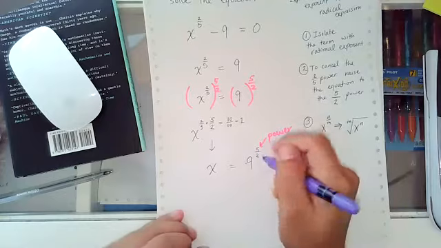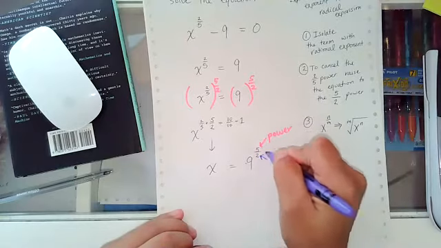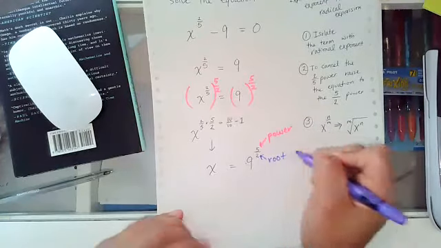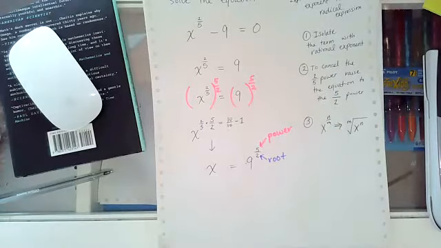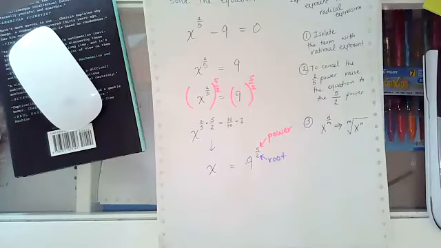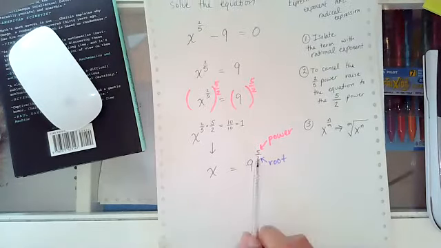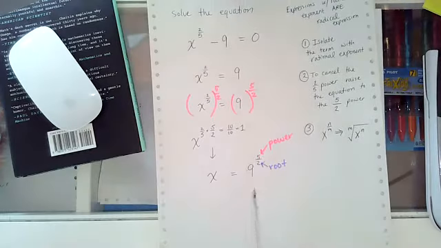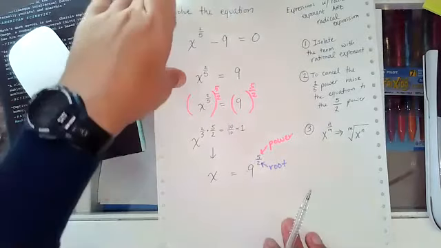The bottom number is the root. And it doesn't matter what order you take those operations in. You can do the root first if it's easier, and then apply the power. In fact, a lot of times I'll recommend that because if you take the root of 9 first, the square root, or the second root, of 9 will be 3. It'll be a smaller number.